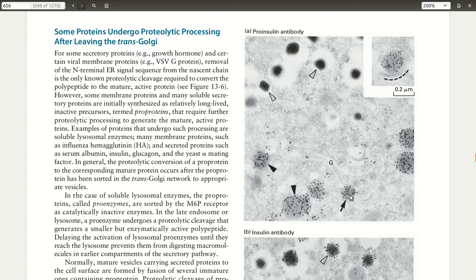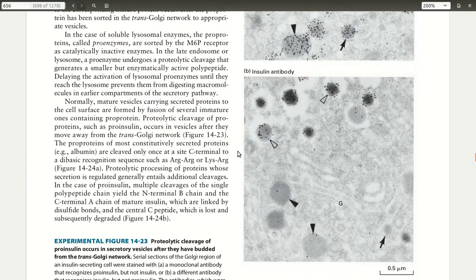This proinsulin, which is an immature form of insulin, they aggregate into these vesicles in large number, and we can see from this other image here that once the proinsulin is converted to insulin, we could use insulin antibodies to detect that the insulin has been created from proinsulin.